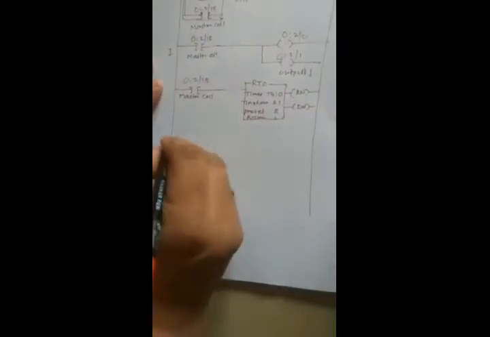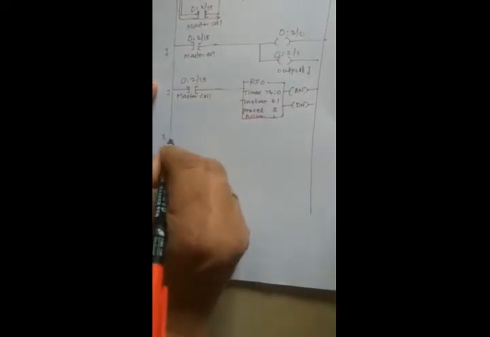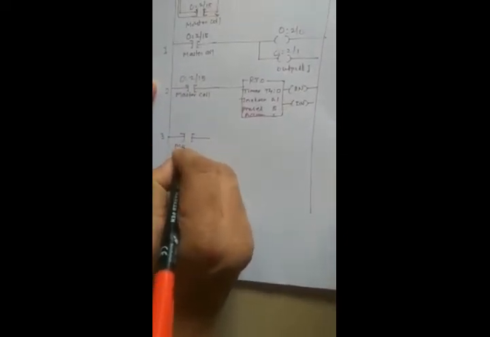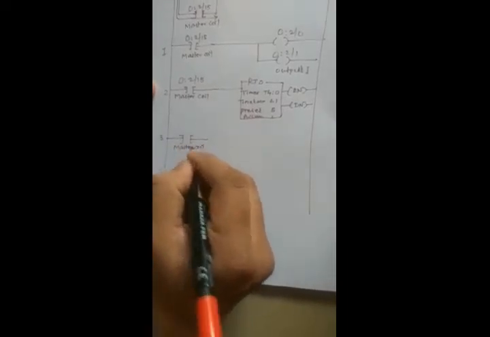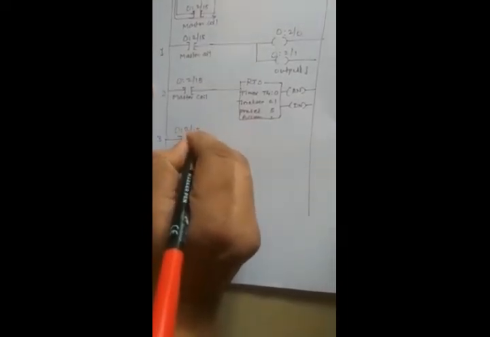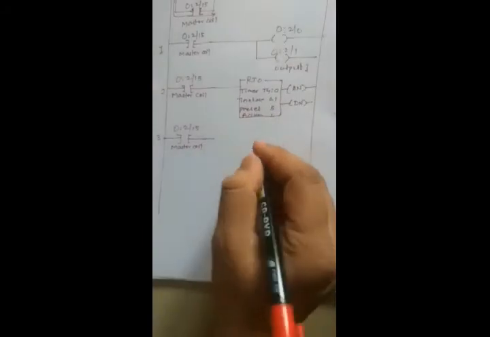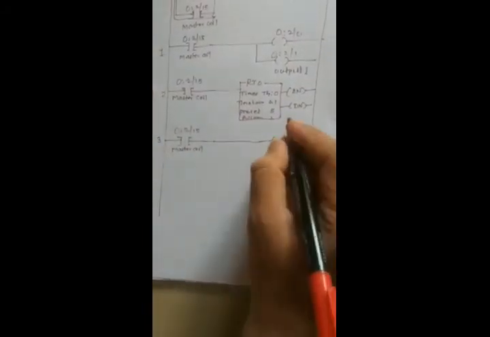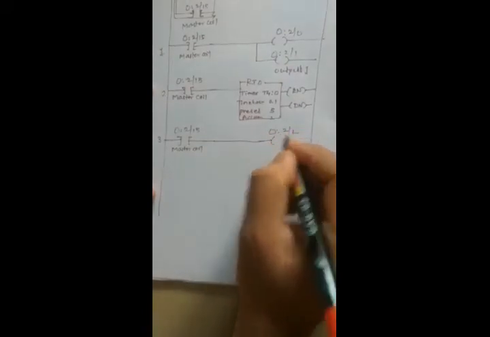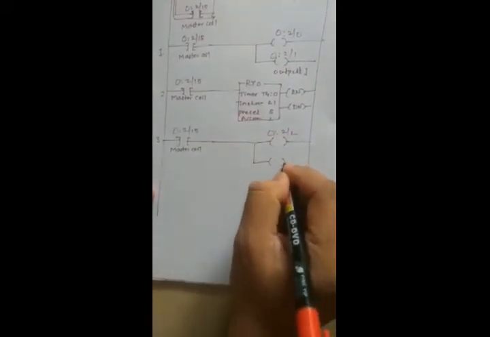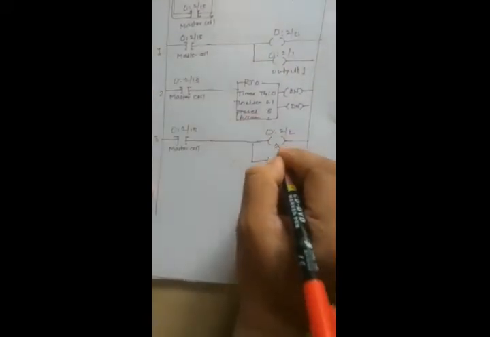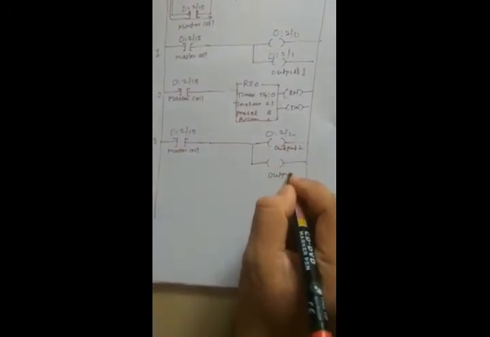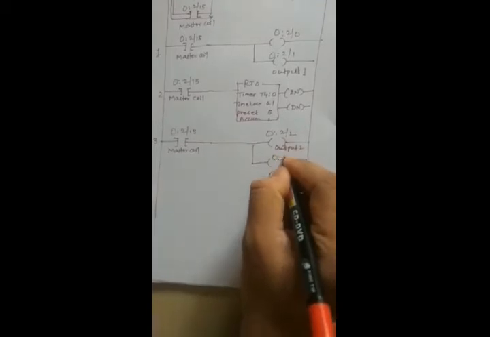Now we will go for the third rung. Again in the third rung you have to add the master coil. And add 2 coils for output O:2/2 and output 3, so O:2/3.